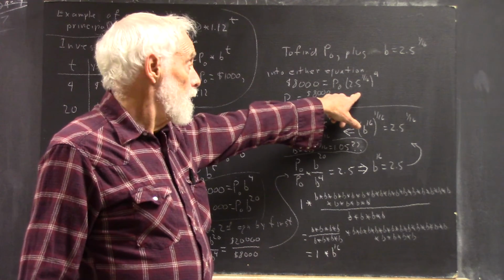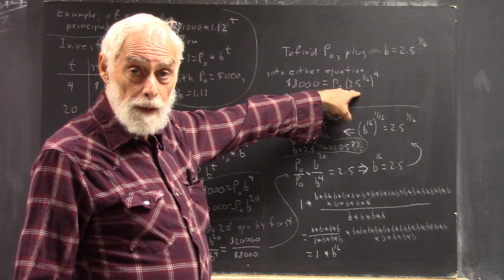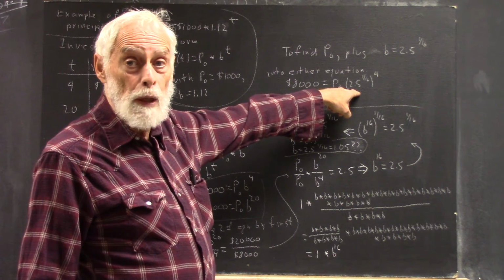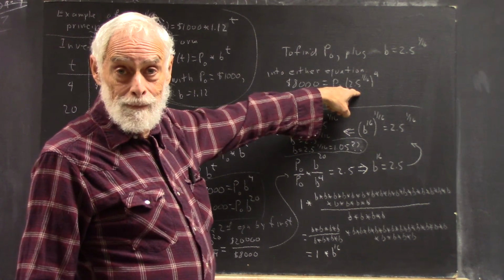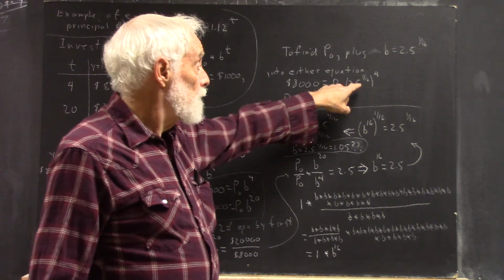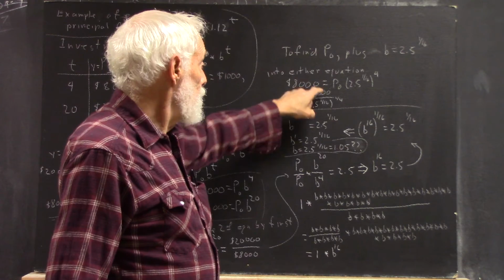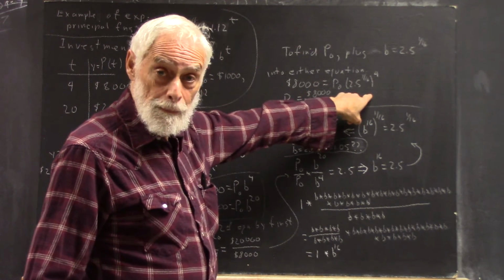I wouldn't do the decimal approximation at this point. I would write it like this. If you do the decimal approximation, you're going to have a round-off error. You're using your calculator, so if you just do this, you see that we get $8,000 divided by this.